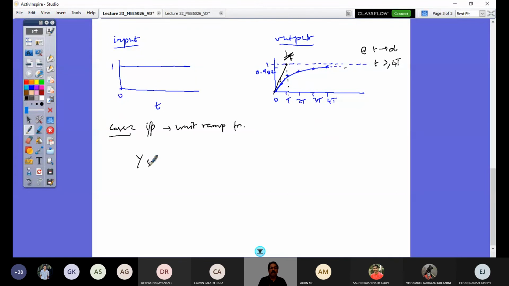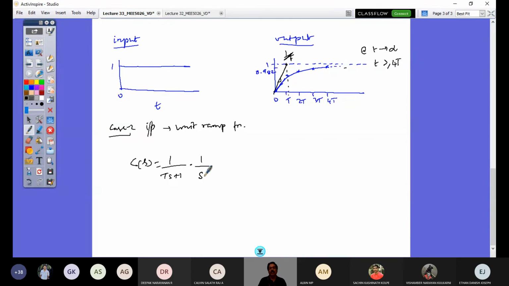Since it is a unit ramp function, f of t is equal to t when t is greater than or equal to 0. Its Laplace transform is 1 by s square. In a similar way, if I apply partial fractions, I can represent this as a summation of factors like 1 by s square.